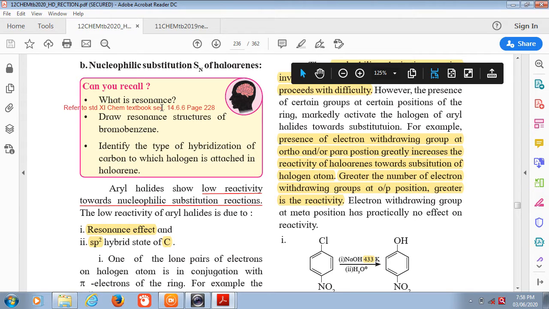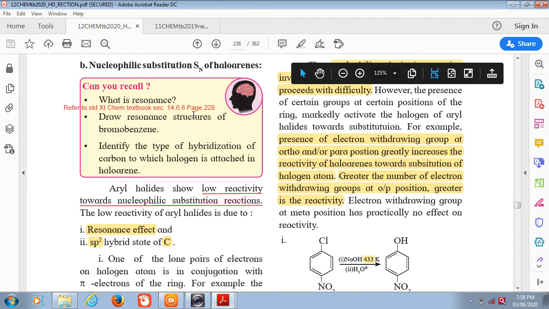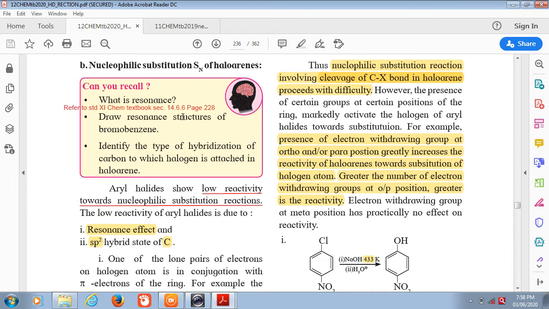There are some terms that you already learned in 11th standard. So for revision purposes you can refer to the standard 11 chemistry textbook section 14.6.6. You can follow page number 228.